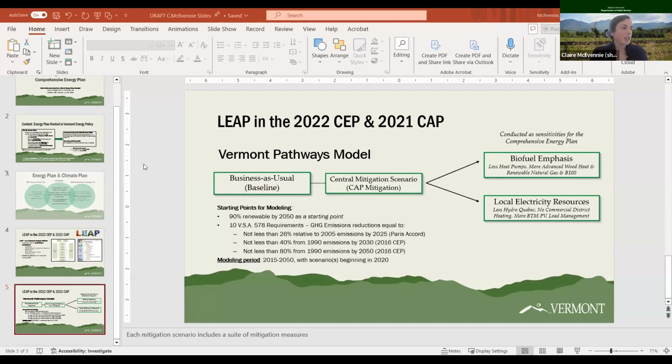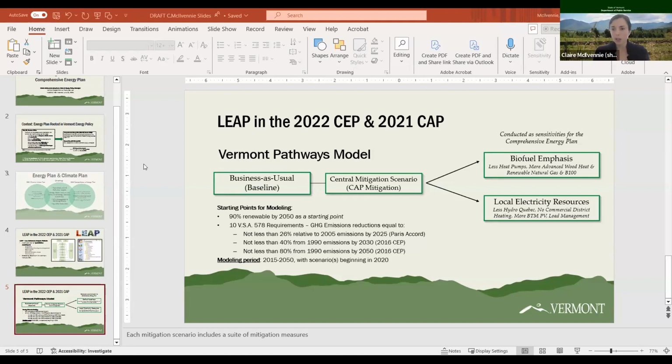And then these greenhouse gas emissions reduction requirements that were established by the Global Warming Solutions Act, with these 3 core target years in 2025, 2030, and 2050. So we looked at the whole range, starting with historical data in 2015 through 2019 at the time, and then modeled out from 2020 to 2050.